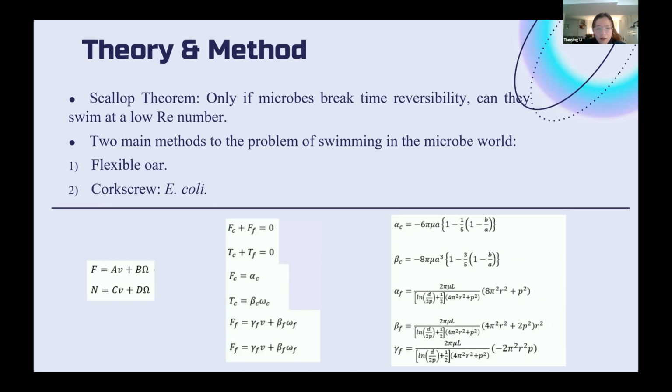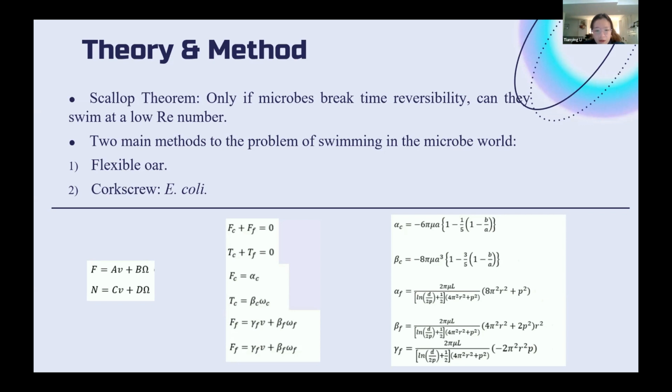Under this circumstance, we can even move backward by exerting reverse forces, which makes it clear what a low Reynolds number implies. Scallops, for example, swim by slowly opening their shells in the water and then quickly closing them together.